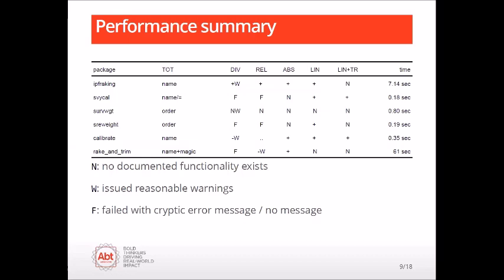So, a kind of summary slide on how the different software performed on the different tasks. My stuff works okay. Well, I wrote it for my production, so I broke it 2,000 times, 5,000 times. I've seen all sorts of error messages. I've seen all sorts of weight problems.